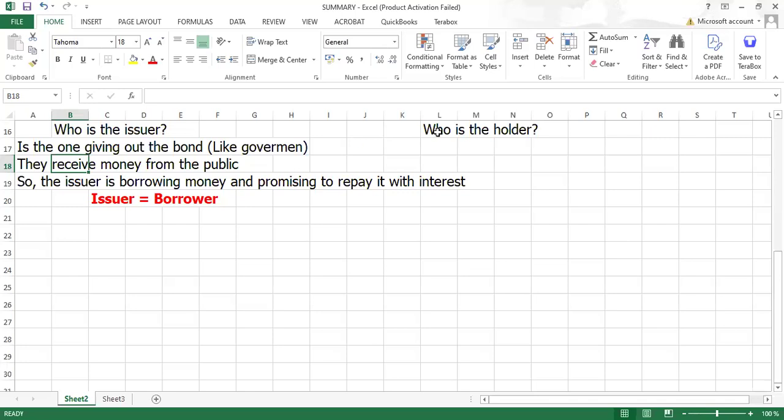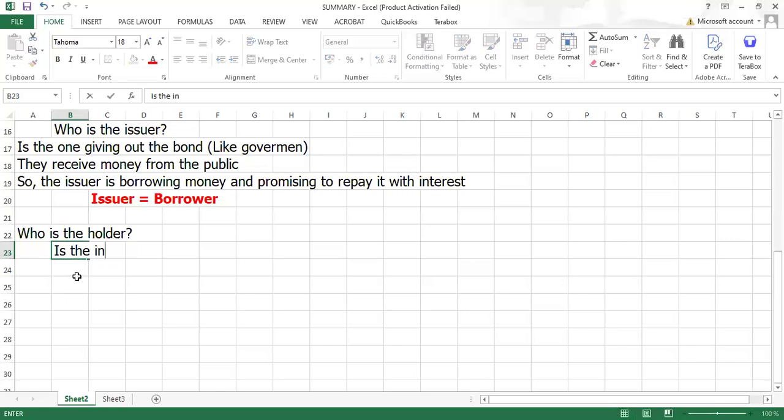Then who is the holder? Once you understand these, you will know how to interpret whether you are in the books of the holder or the issuer. The holder is the investor, the buyer who holds the bond after buying it.